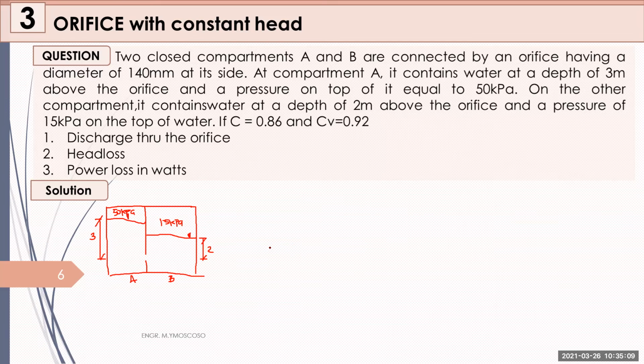For compartment A, you have 50 kPa, and for compartment B, you have 15 kPa, and the diameter of your orifice would be 140 mm.